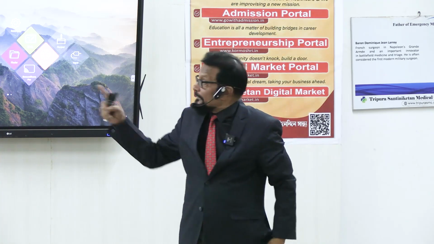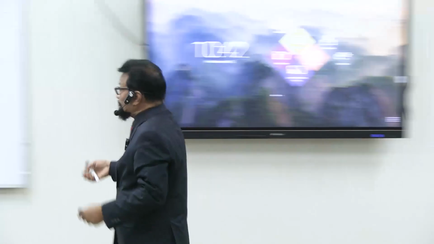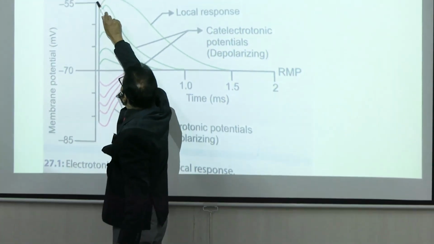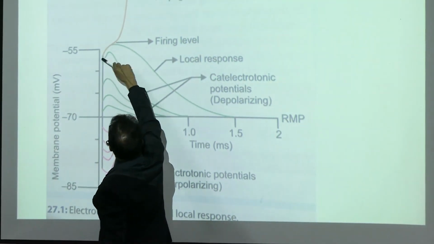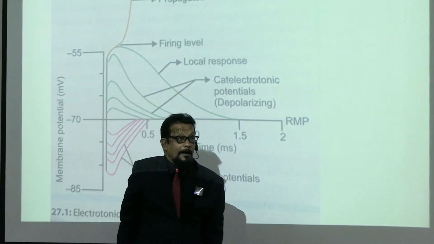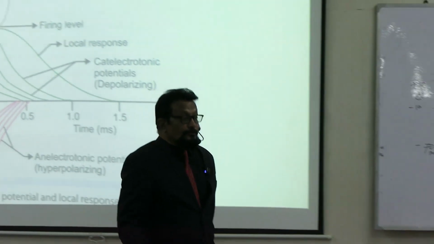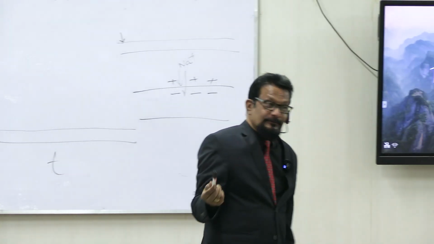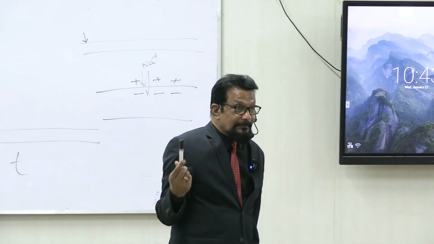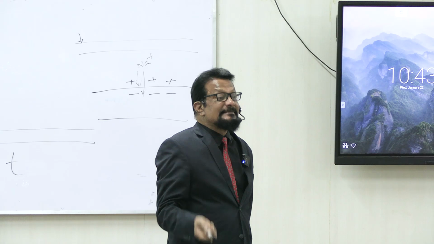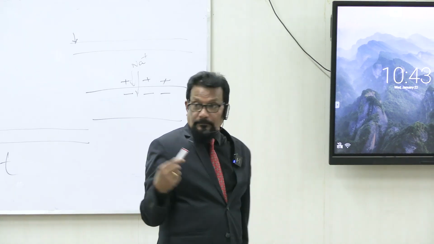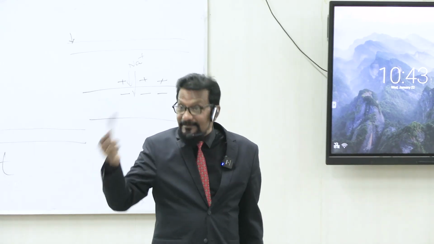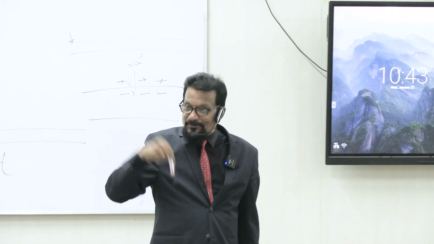So it is gradually increasing. When this minus 55 was exceeded, the potential came to plus 35 millivolt. So there is reversal of potential. Outside it was initially positive, now outside is negative. Inside, under resting condition, it was negative, now it is positive.